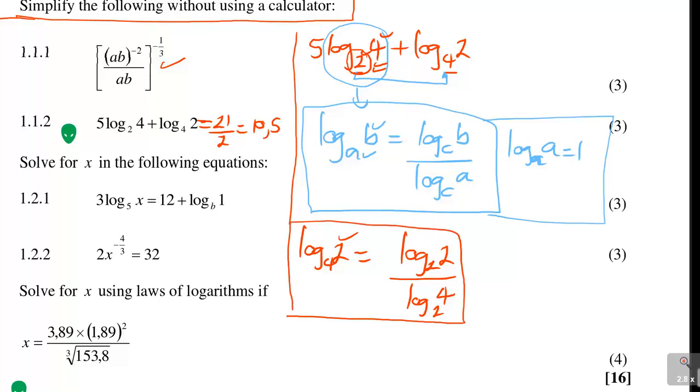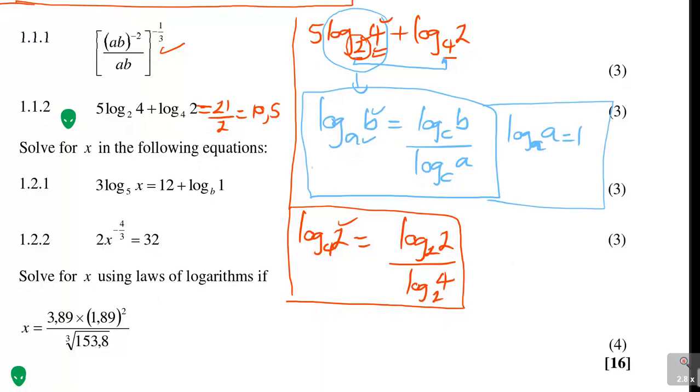So that is what this will change into. Which means I will have now 5 log base 2 of 4 plus, that's the one I changed, log base 4 of 2, which becomes log base 2 of 2 over log base 2 of 4.